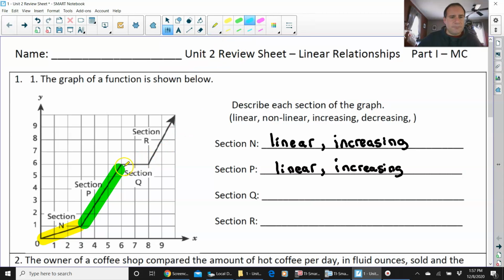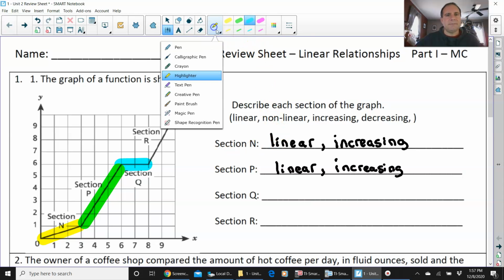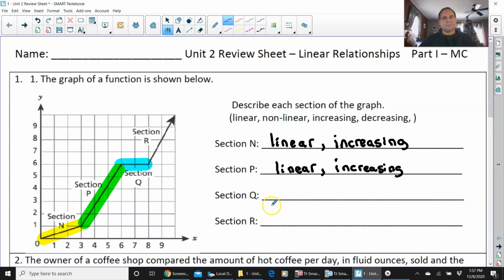The next section, section Q, is that. Is that linear or nonlinear? Yep, if you said linear, you're correct. And is that increasing or decreasing? Or neither? Right? It's neither.